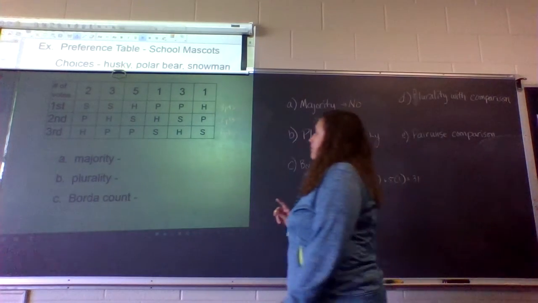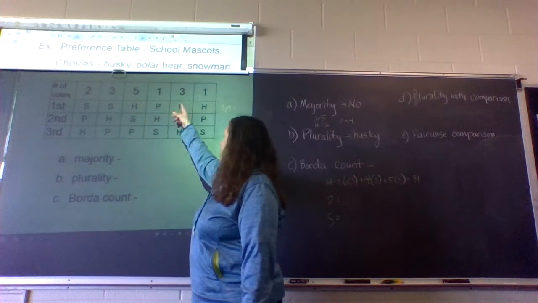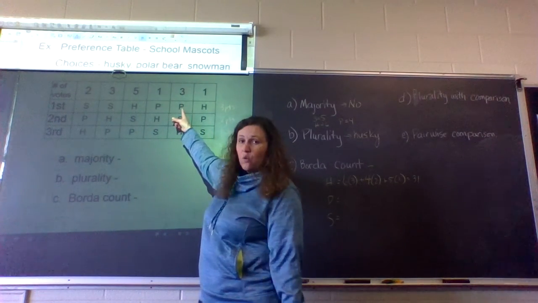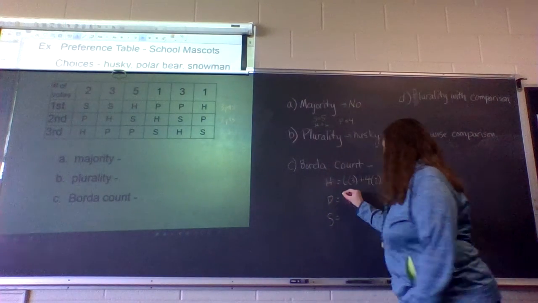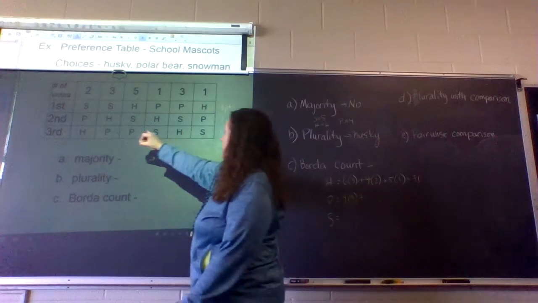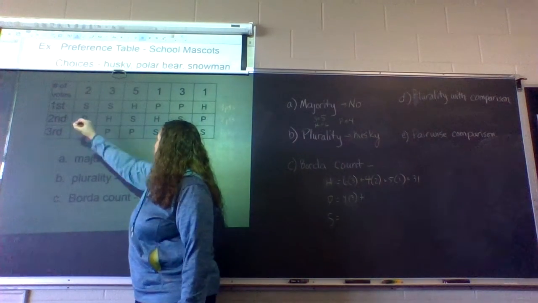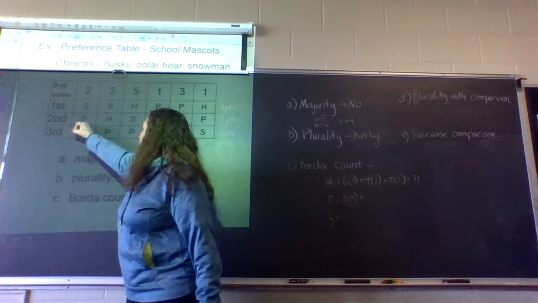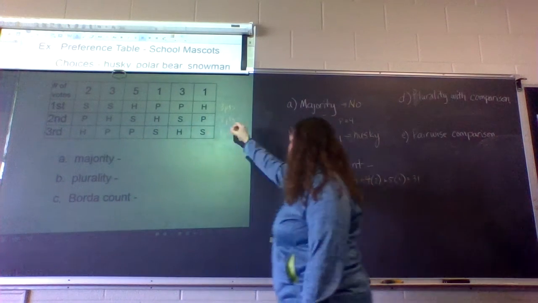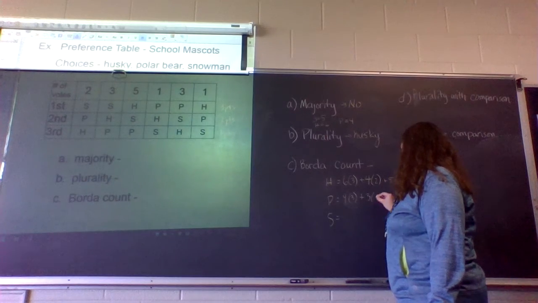Now for Polar Bears, we look in the first column, first place. There's 1 person here, 3 here, that's 4. They get 3 points, so 4 people gave it 3 points. Then for P, there are 2 people here and another person here, so 3 people gave it 2 points.